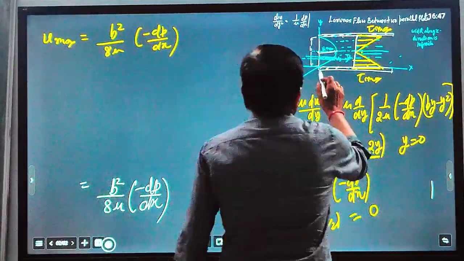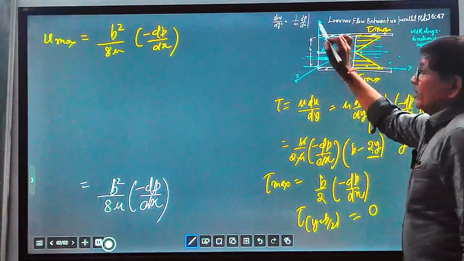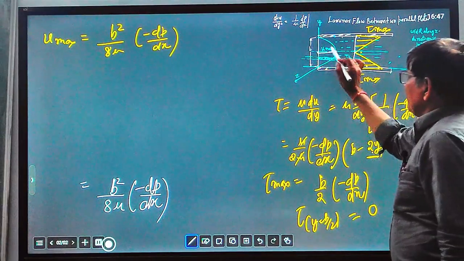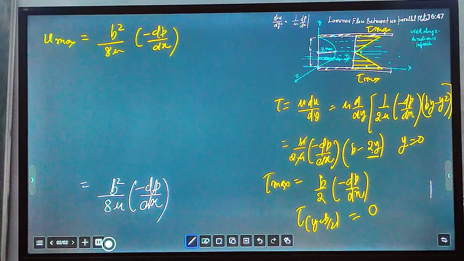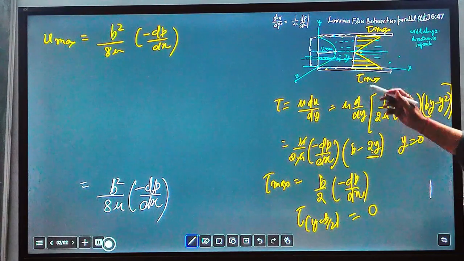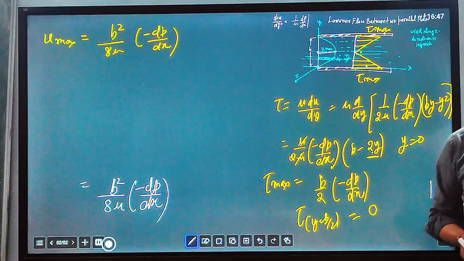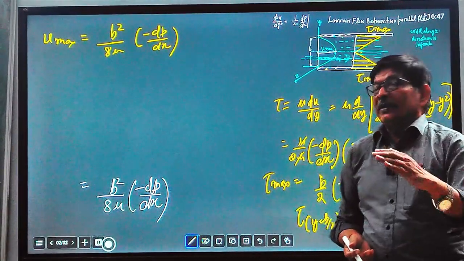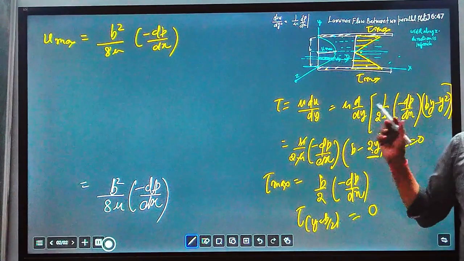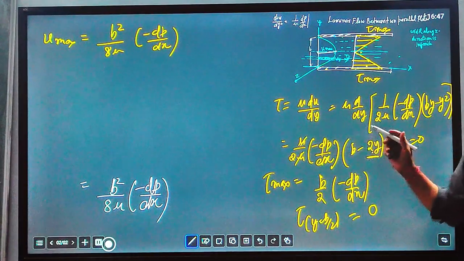You see that velocity varies from y equal to 0 to y equal to b. So what will be the average velocity between two parallel plates? For calculation of head loss and power required to maintain the flow, we require average velocity. So how can we find it?